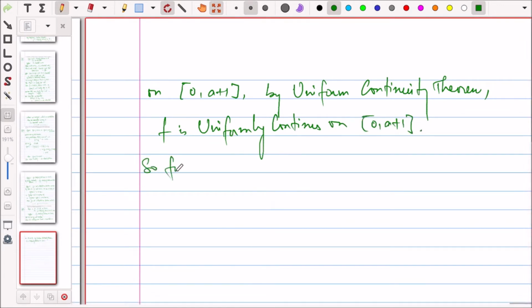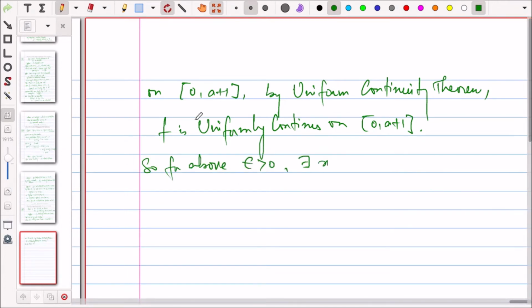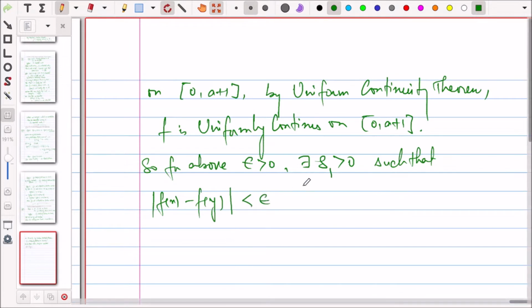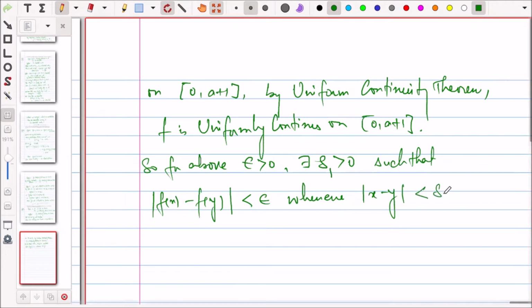So for the above epsilon greater than 0, there exists delta 1 greater than 0 such that |f(x) - f(y)| is less than epsilon whenever |x - y| is less than delta 1 and x, y belong to the interval [0, a+1].